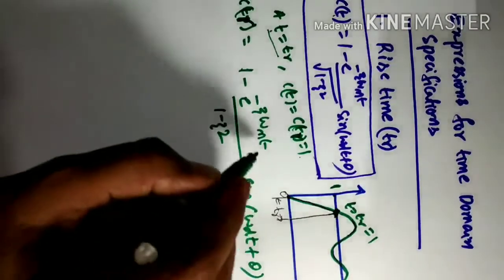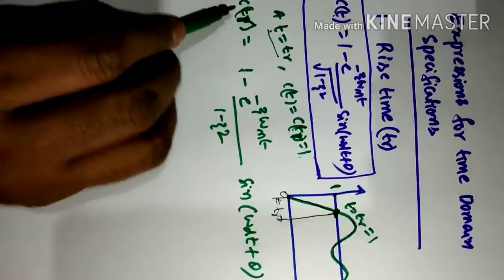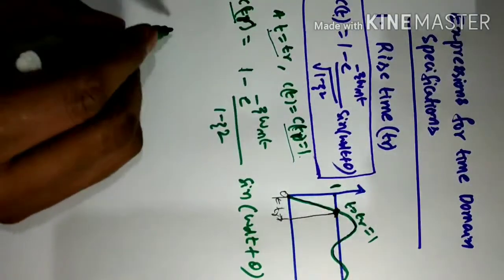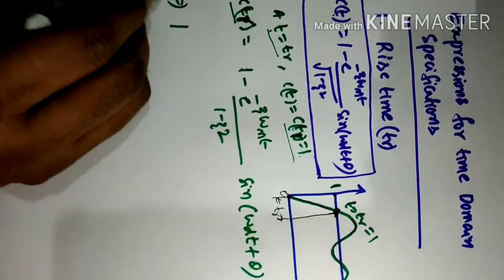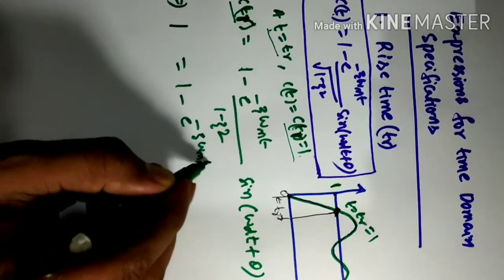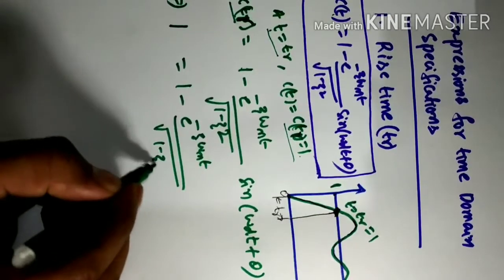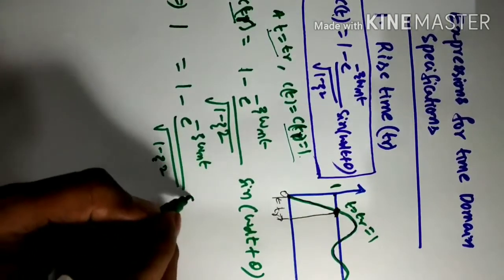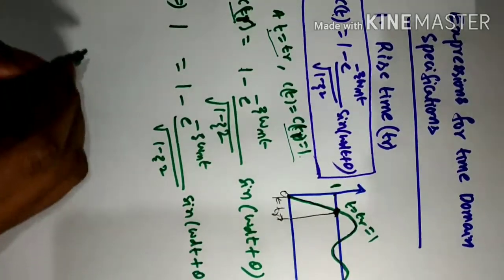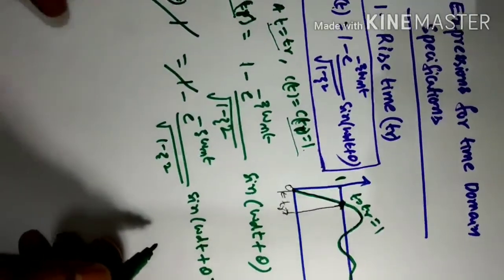Here also we can substitute t equal to TR, but we will substitute at the end. What is C of TR? C of TR is equal to 1, so we substitute 1 in this place: 1 equals 1 minus e raised to minus zeta omega n t by root 1 minus zeta square into sine omega d t plus theta. This 1 and this 1 get cancelled.